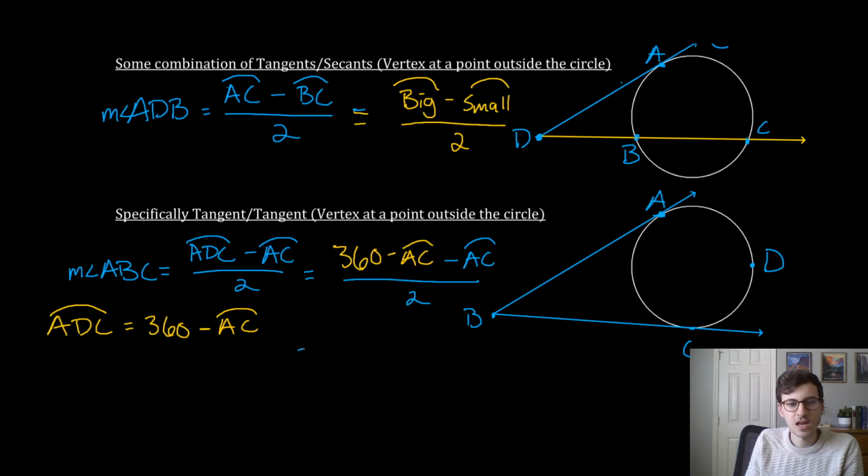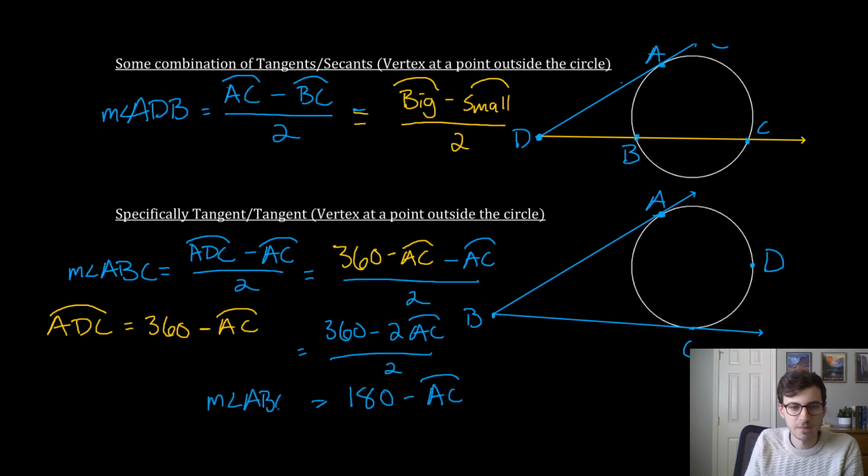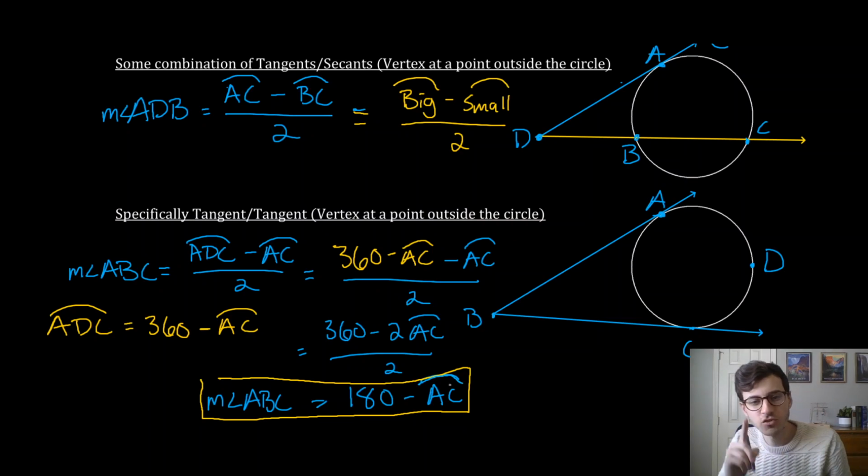Okay, so then that equals 360 minus twice AC divided by 2. And if you divide everything by 2, 360 divided by 2 is 180. 2AC divided by 2 is just AC. So the measure of angle ABC is equal to 180 minus the measure of arc AC.